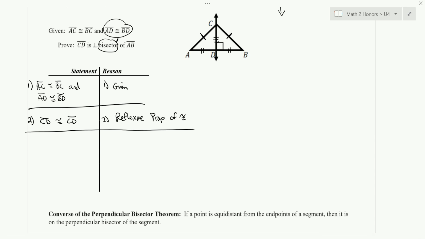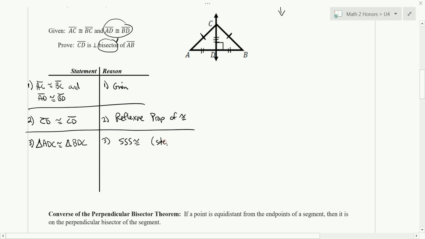No? Okay, what? Okay, so triangle what is congruent to what? By what? Good. That's relying on steps 1 and 2.